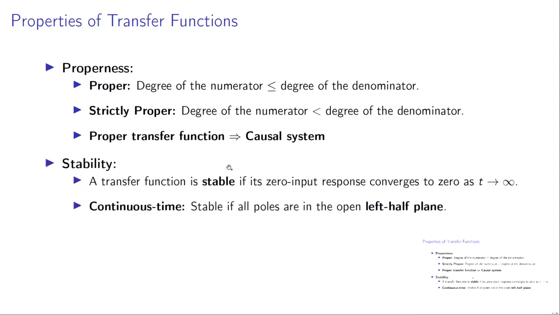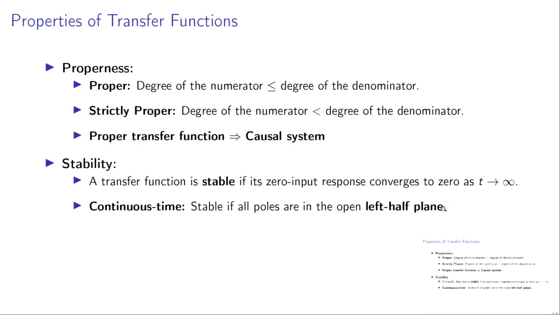A transfer function is stable if its zero input response converges to 0 as t tends to infinity. In continuous time, which is the case we are looking at today, the transfer function will be stable if all the poles are in the open left half plane.